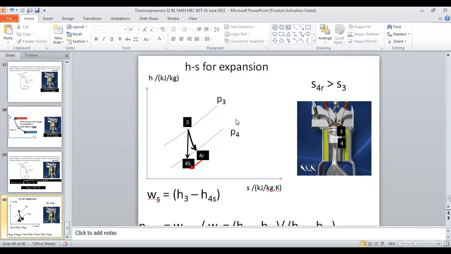Yeah, you can see the constant pressure lines. These are pressure lines. So we have to study these behaviors as well.